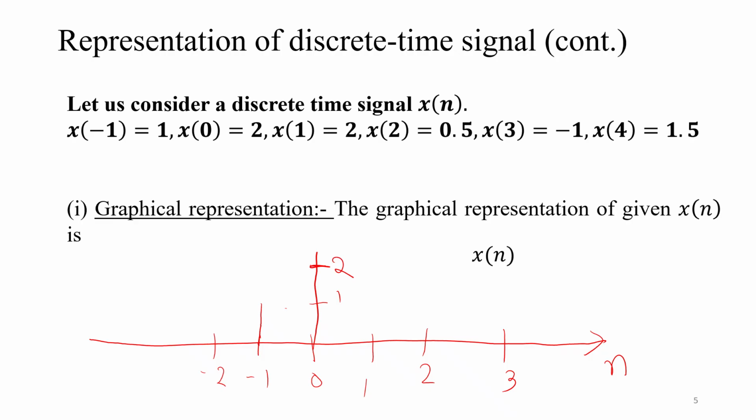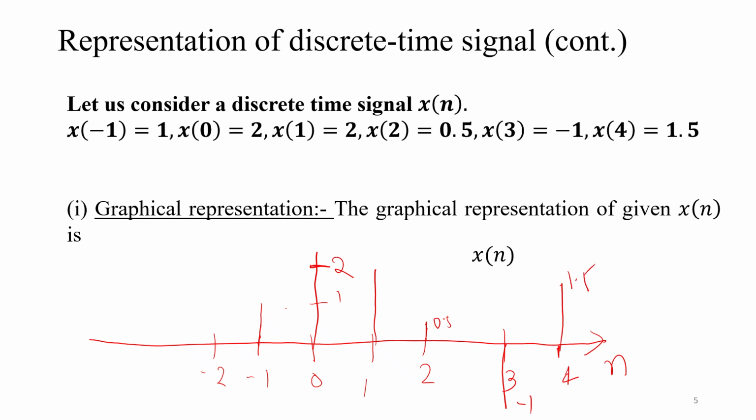Then x of 1 is equal to 2. X of 2 is equal to 0.5. X of 3 is equal to minus 1. X of 4 is equal to 1.5, so we will put 1.5.